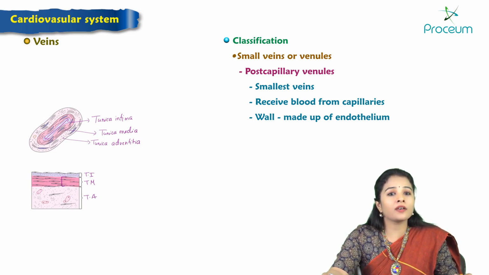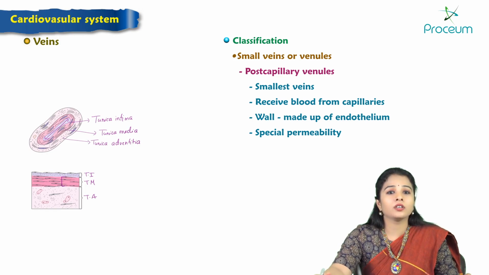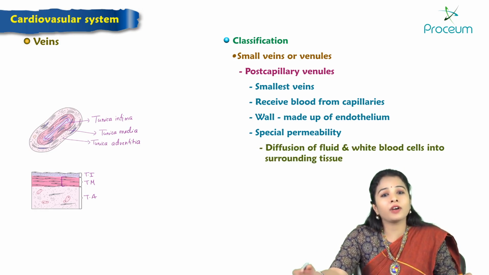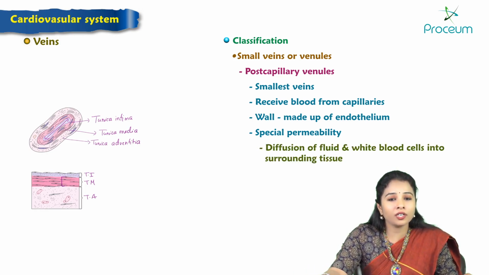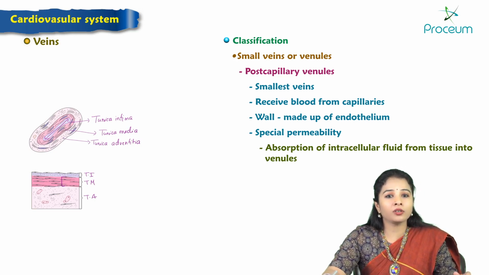These veins have special permeability, means they allow few substances through the wall into the vessel. So the diffusion of the fluid and white blood cells into the surrounding tissue and absorption of interstitial fluid from the tissue into the venules. So that is about post-capillary venules.